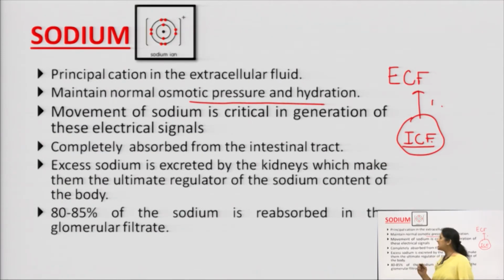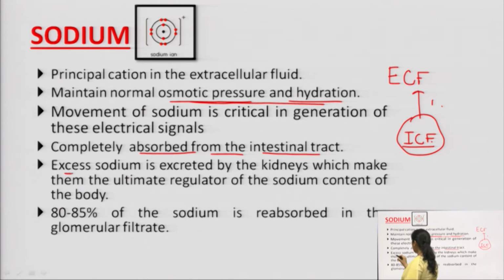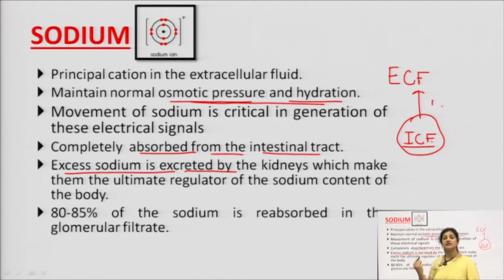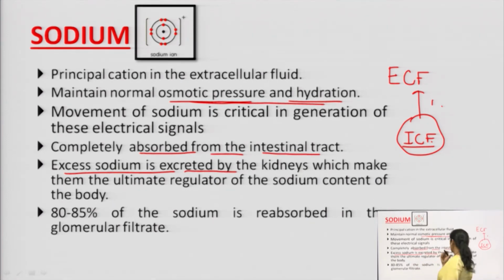What we studied here was that it is responsible for maintaining the osmotic pressure as well as the hydration. Besides, we studied that it is completely absorbed from the intestinal tract, and if excess sodium is excreted by the kidney, if it is excreted more than what is being absorbed, then what is that going to lead to?